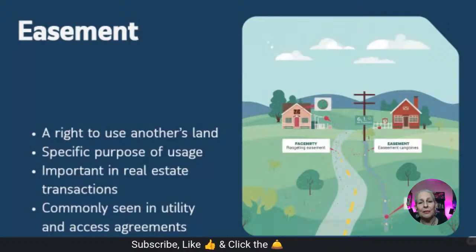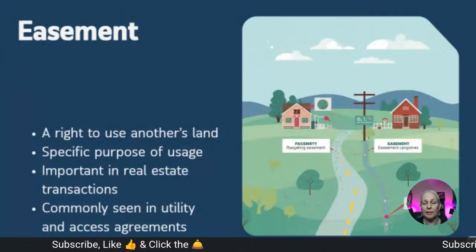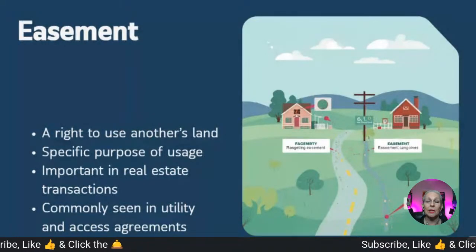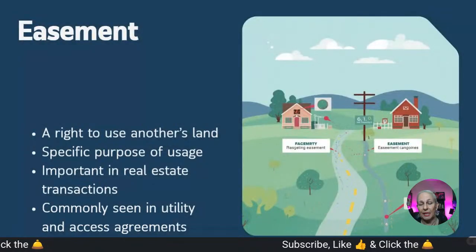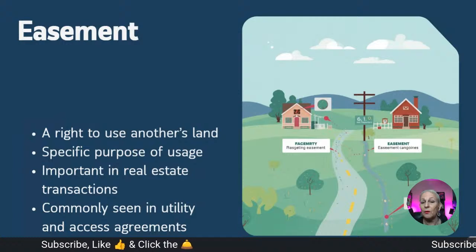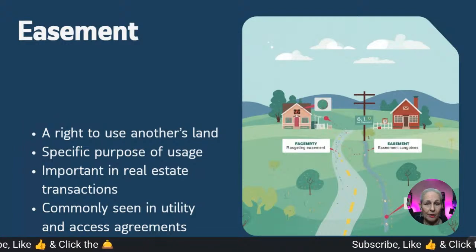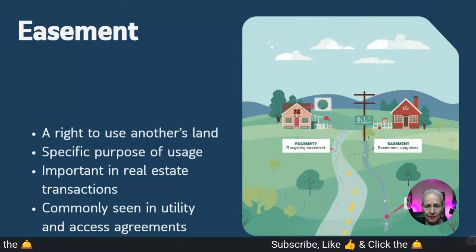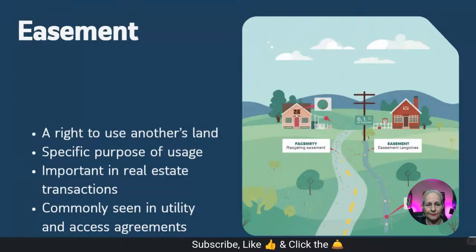And we cannot build on those easements where the utility needs to have access. If we put a fence, we have to provide an opening, a gate that they can have access, especially when there's an emergency and there are fire engines and ambulances that need access.